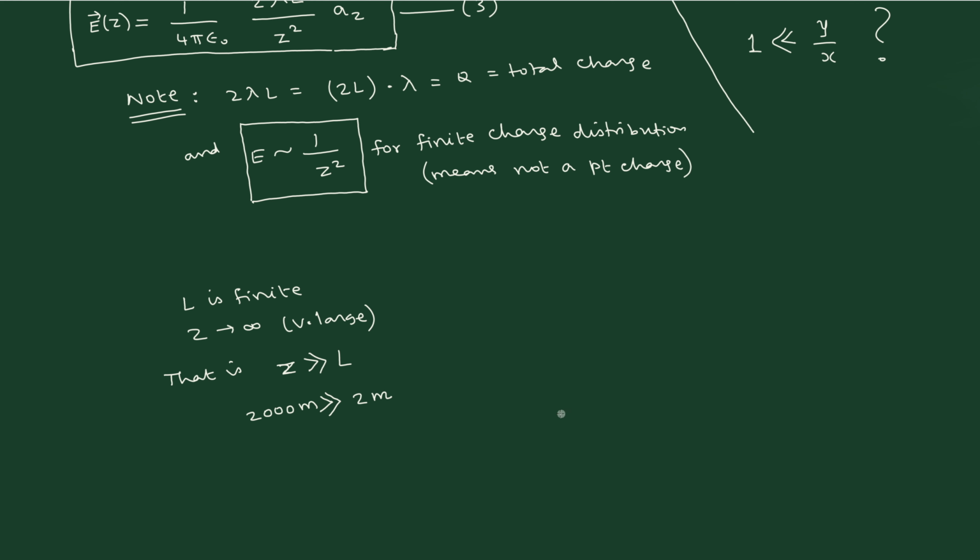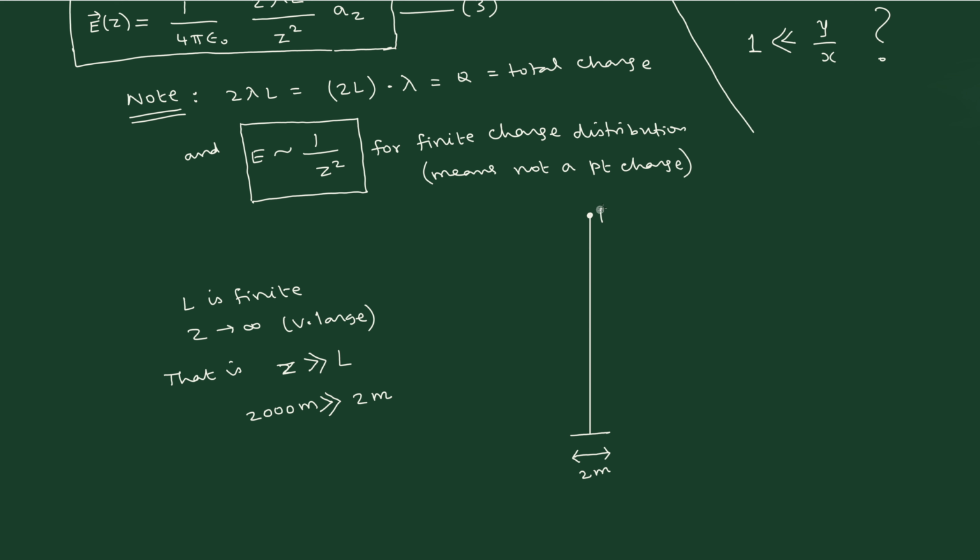So in terms of diagram, how does it look like? Let me draw this. Let me say this particular distance is a 2 meter distance, for example, which means that this is the wire that you have. So you have a wire of length 2 meter, but I am going to move far away. That means 2000 meters I am going to move. So this is the place where I am going to move.